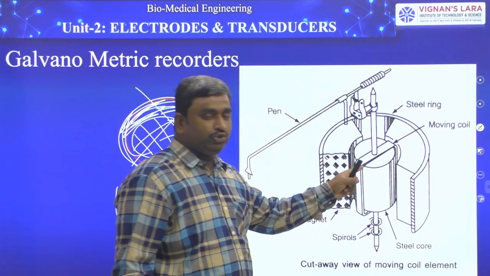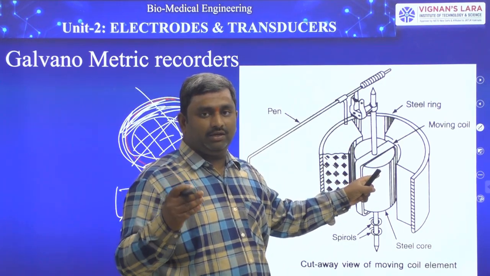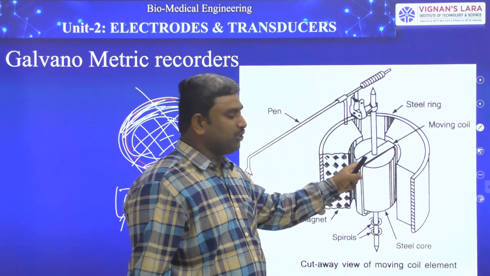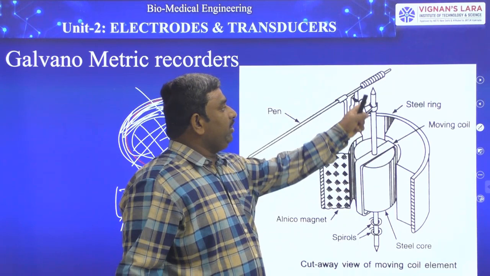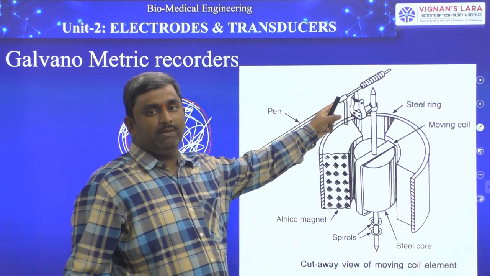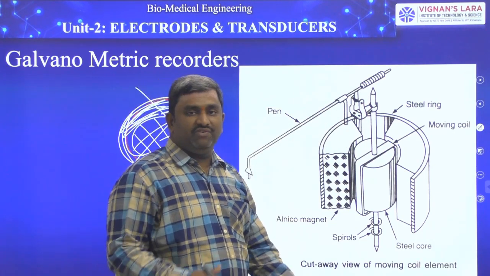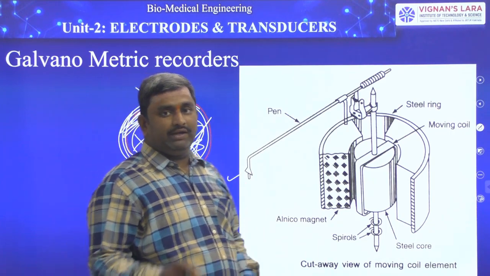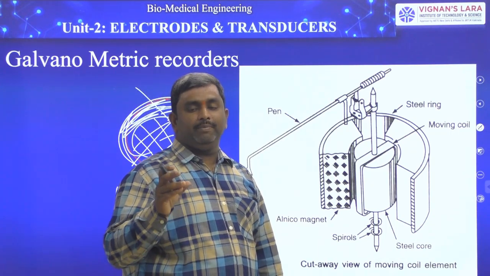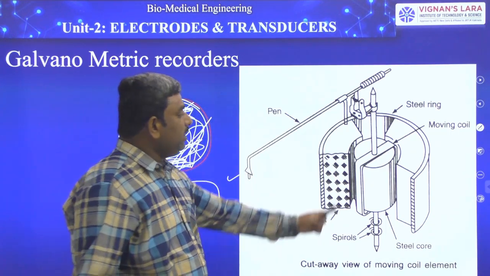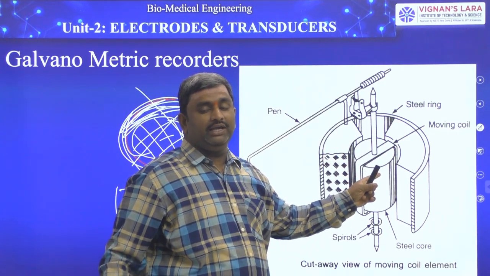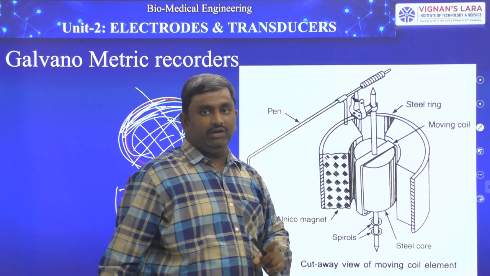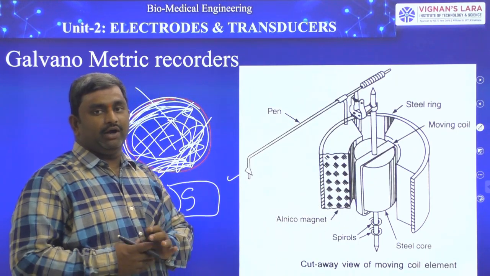Due to the EMF generated in this magnetic field, the pen moves from left to right or right to left, at a 90 degree angle, or it may be 70 or 60 degrees. The pen moves based on the EMF produced in this magnetic field. So this is the galvanometric recorder.